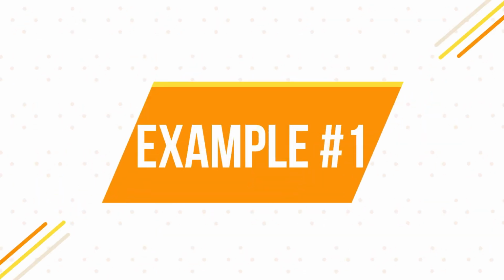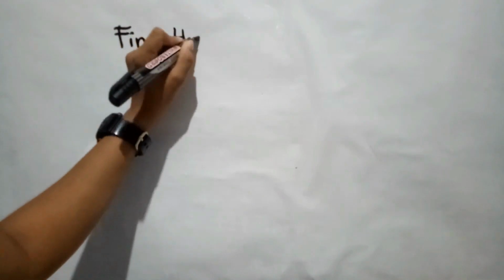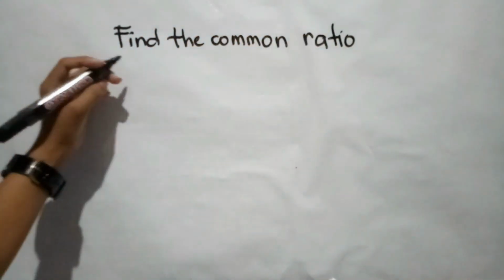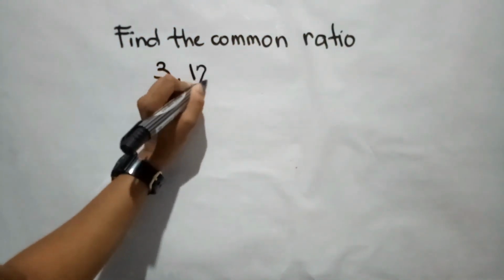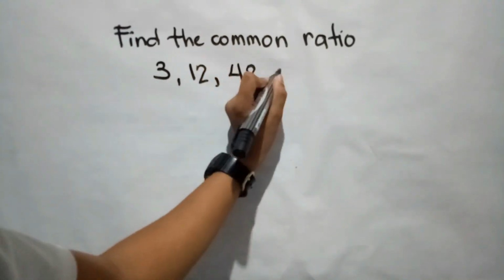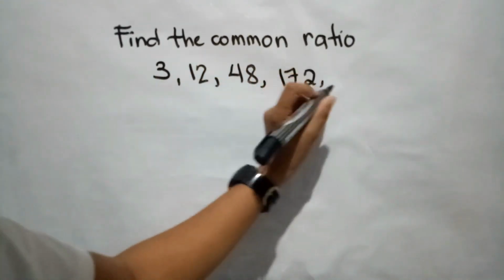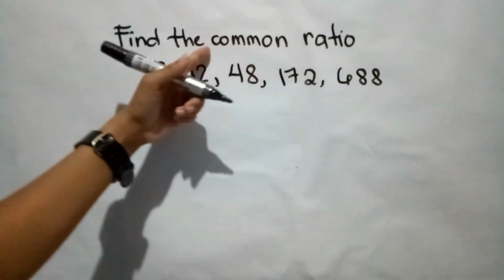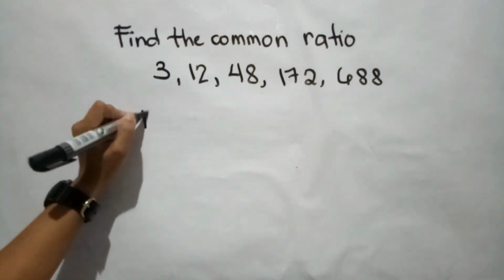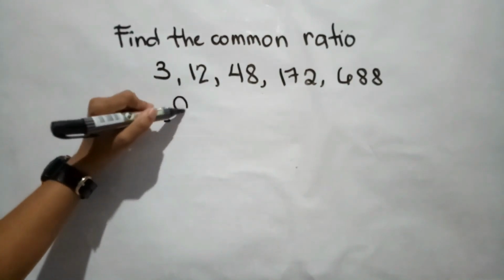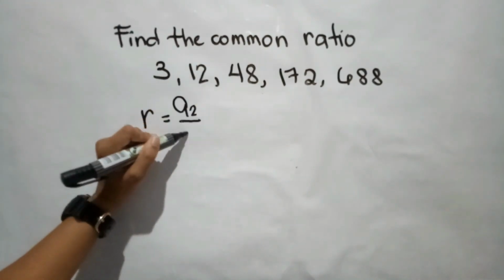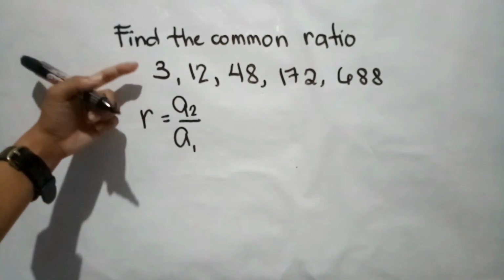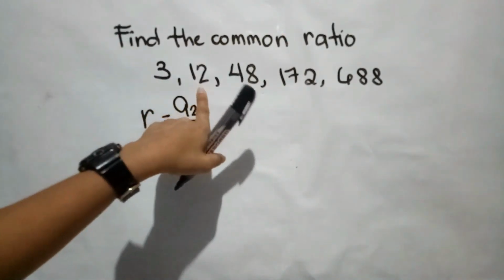Let's have example number 1. Find the common ratio given 3, 12, 48, 172, and 608. In getting the common ratio, we have the formula r is equal to a sub 2 divided by a sub 1. So the first term is 3, the second term is 12.